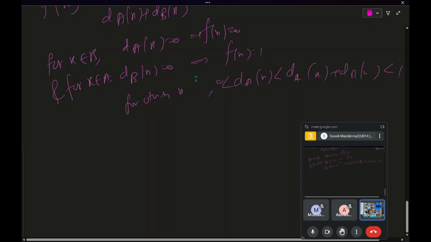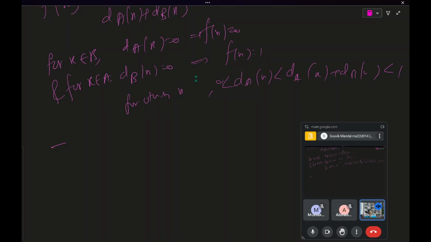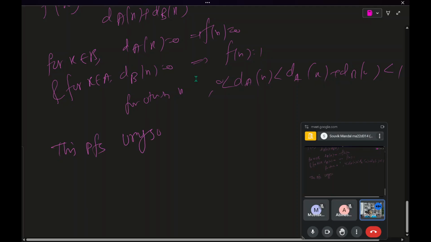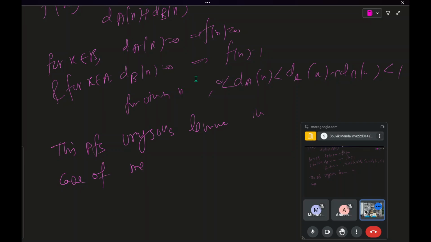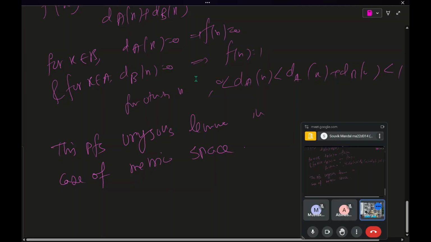So this proves Urysohn's lemma in the case of a metric space. There is no harm in it.